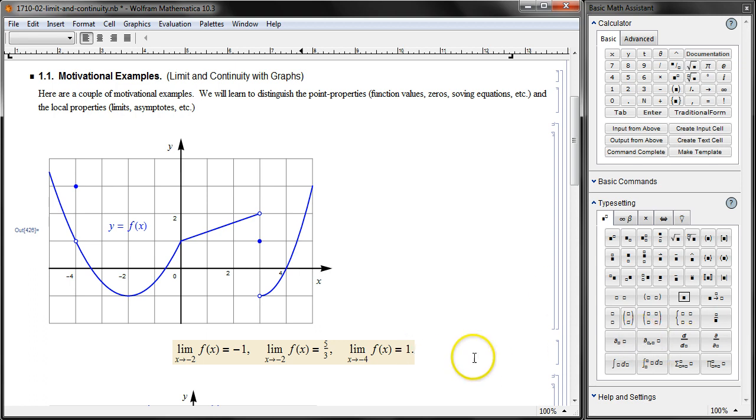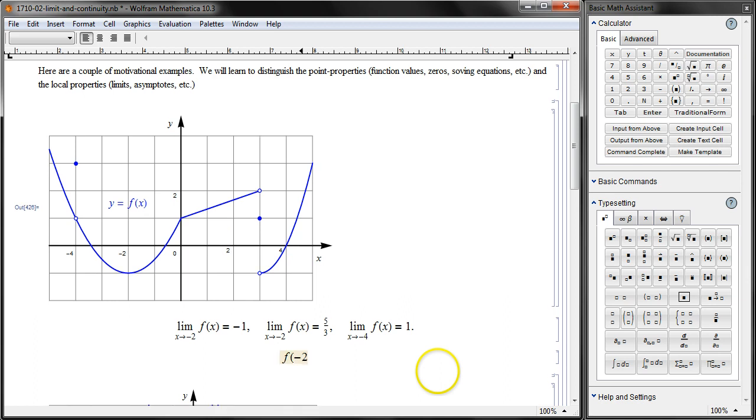Now, how about the function values, by the way? When x equals -2, what's the y-coordinate? Look at this. And what do you get? The y-coordinate is -1. How about f of +2? When x equals +2, what's the y-coordinate of this point? 1 and 2/3, so 5/3 again.